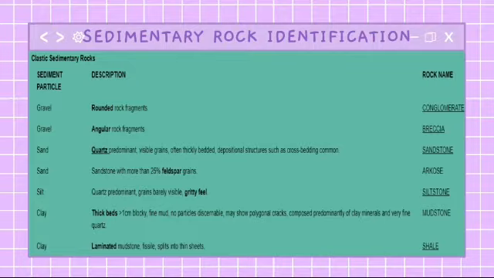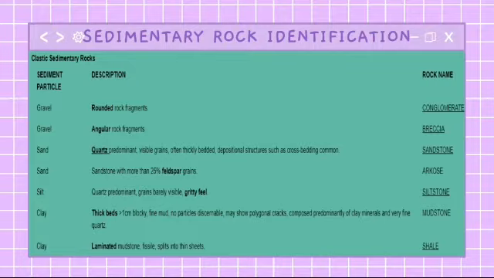So if the sediment particle is gravel and the description is rounded rock fragments, the rock name would be conglomerate. If the sediment particle is gravel and the description is angular rock fragments, the rock name would be breccia. If the sediment particle is sand, and the description is quartz, predominant visible grains, often thickly bedded, deposited structures such as cross-bedding common, the rock name is sandstone.